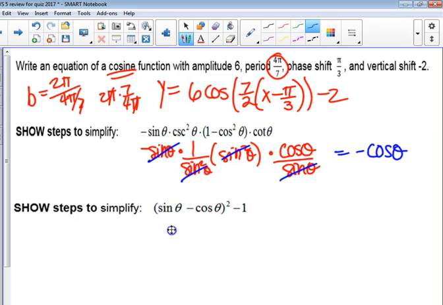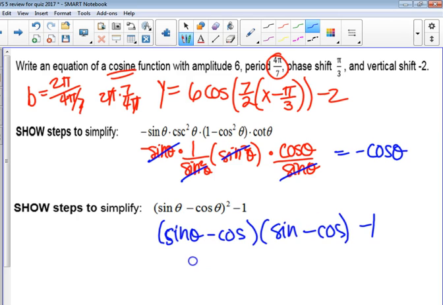Okay. This one is not that easy. You do have to FOIL it out. You get a middle term. That's what everybody forgets. Okay. I get a sine squared minus 2 sine cosine plus cosine squared minus 1.